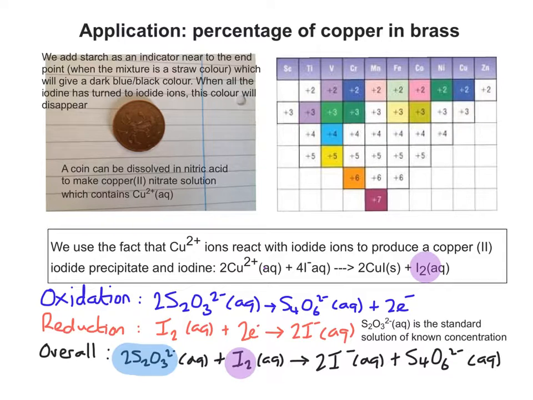As the colour of the iodine starts to fade during the titration and gets to around a straw colour, because it's a very gradual endpoint and quite difficult to see visually, we add starch at that point, which makes the solution suddenly go a dark black colour. Then when all the iodine is gone, that colour will suddenly disappear, and that's our endpoint.